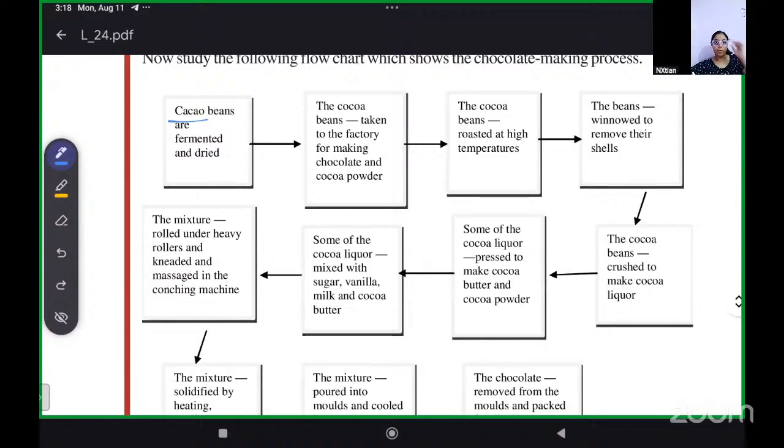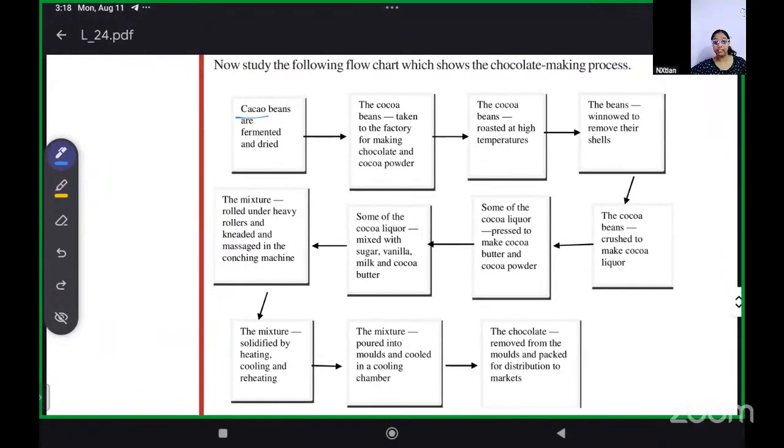Winnowing, ma'am, is like the farmer will stand on a very high place and then turn the basket, and only the grains will fall down, but the husk will fall sideways because of the wind. Yes.